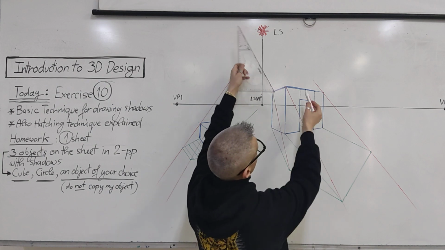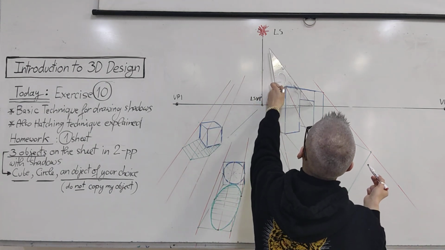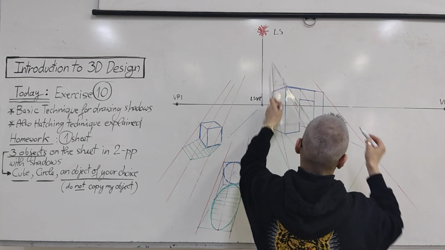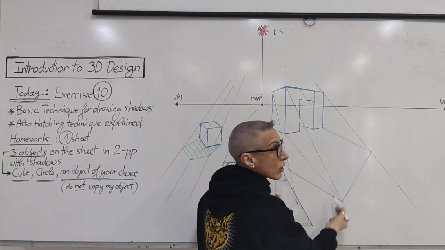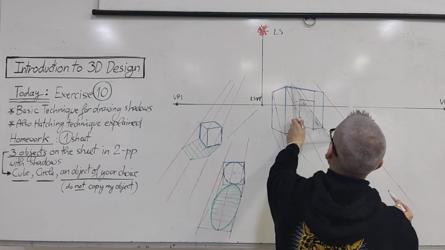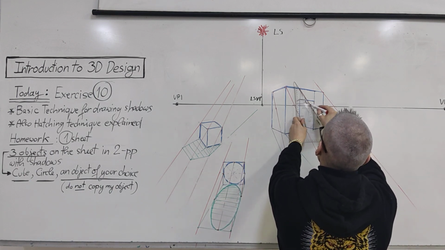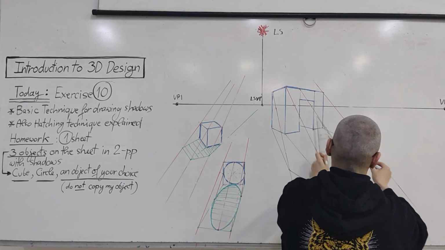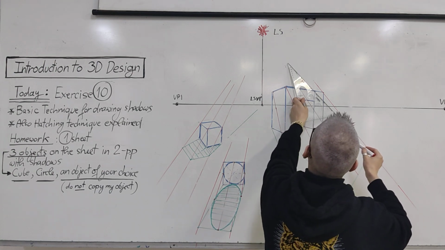So from the light source through these 2 points, and see where it will intersect this line, okay? With these 2 points, we put them up to touch this line. And this point as well.